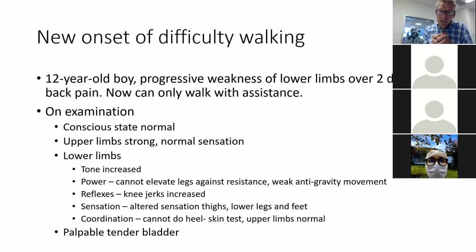Yes, that's right. He seems like he's got spinal cord compression, doesn't he? And it must be somewhere in the thoracic or lumbar spine, because his upper limbs are normal, but his lower limbs are paralyzed with evidence of corticospinal tract involvement.